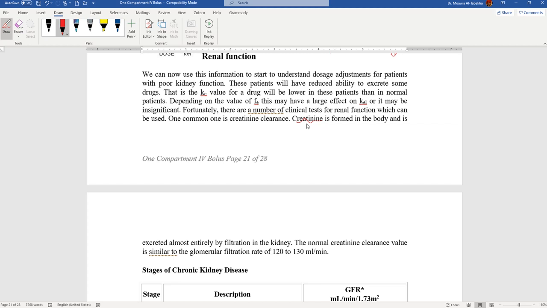Okay, if we look at the kidney, it can remove the drug in different ways. For example, we have the mechanism of, one, glomerular filtration, meaning the filtration happens in the Bowman's capsule. Also it can remove the drug by secretion, usually active secretion. Also we have a process that is reversal, which is reabsorption.